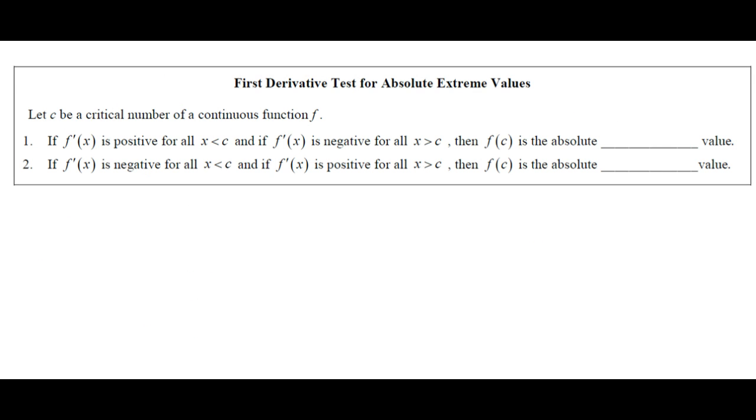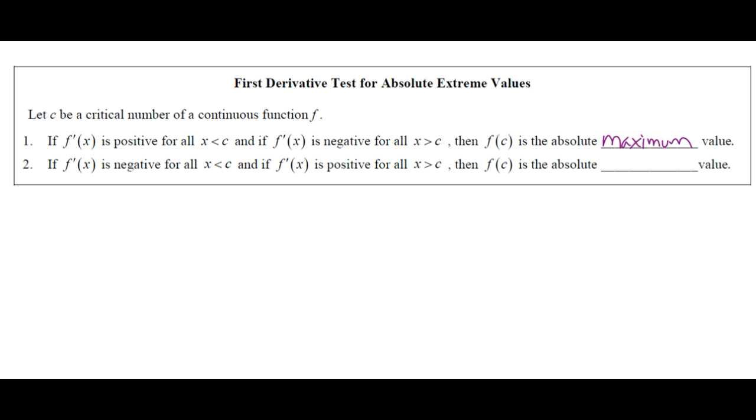First derivative test for absolute extreme values. Let c be a critical number of a continuous function f, right? So critical number means the first derivative is 0 or does not exist. If f prime of x is positive for all x less than c and negative for all x greater than c, then f of c is the absolute maximum.